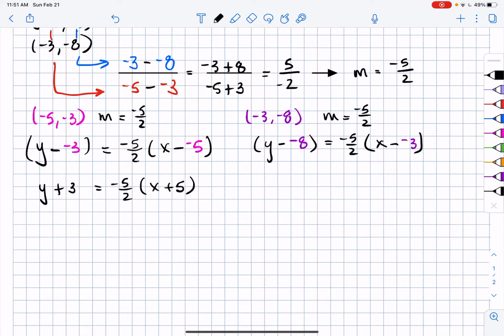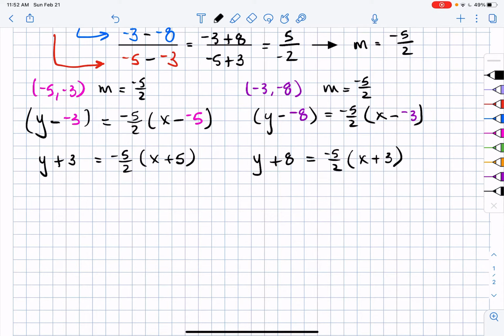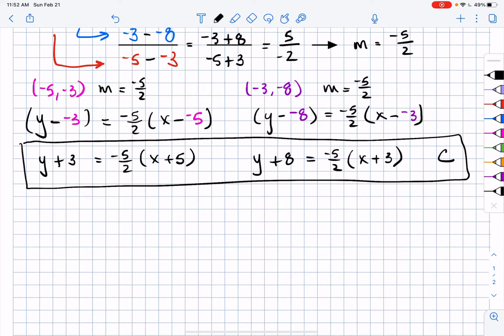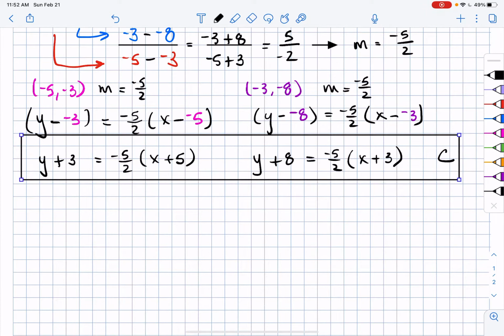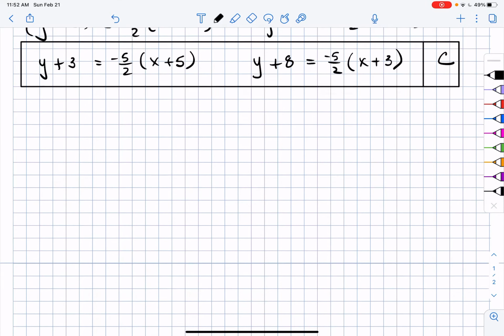All right, so let's finish that up, and that's going to be y plus 8 is equal to negative 5 halves times x plus 3. All right, so that would be my final answer there, and that is going to be choice C. There we go. Boom. All right, on to number 3.